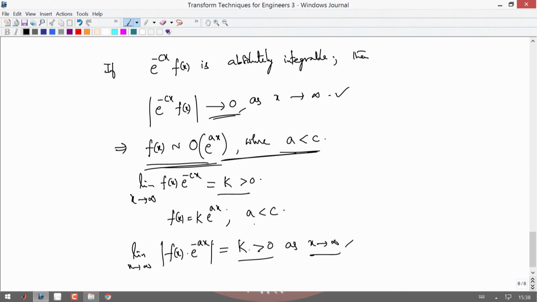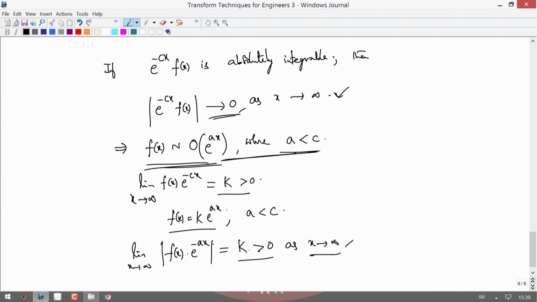Okay. If a equal to c, then e power minus cx into k times e power cx is going to be a constant, but that is not true.